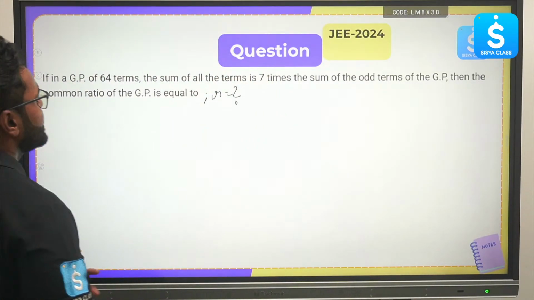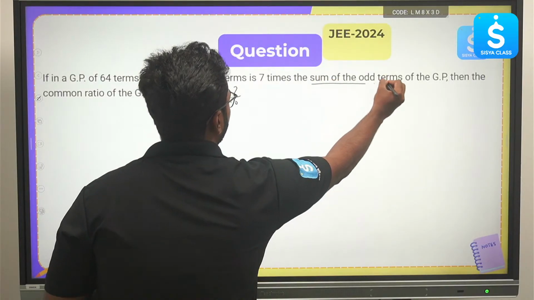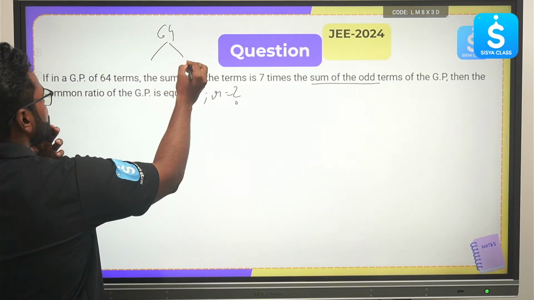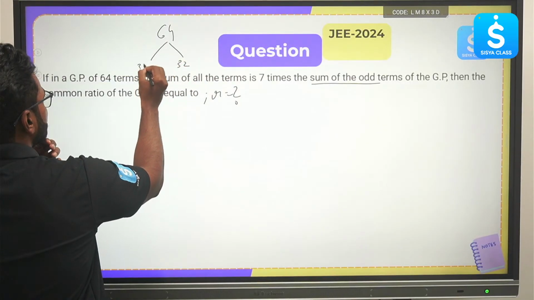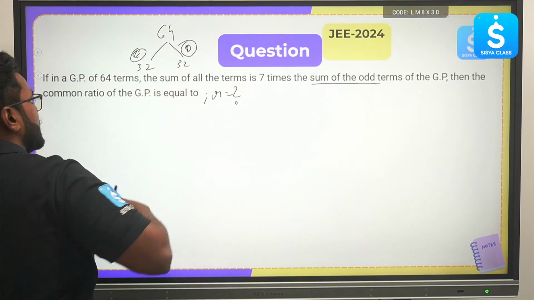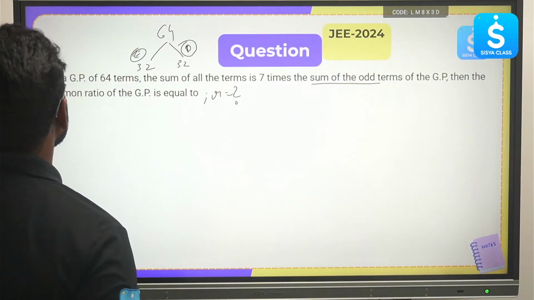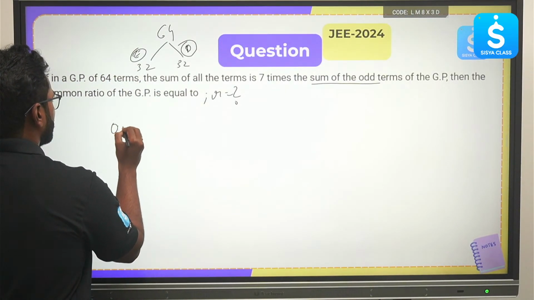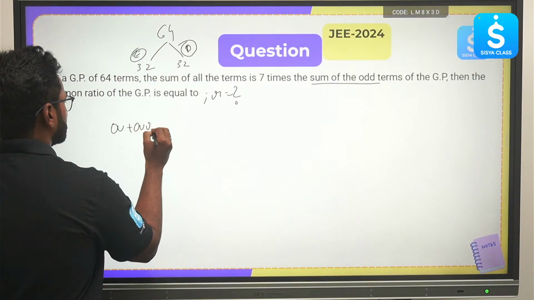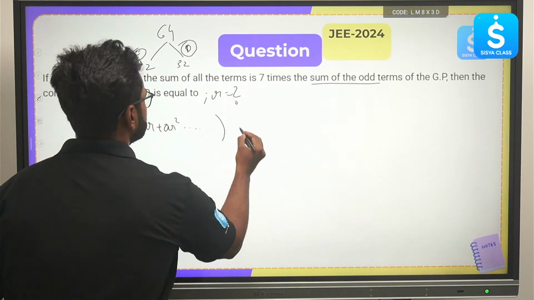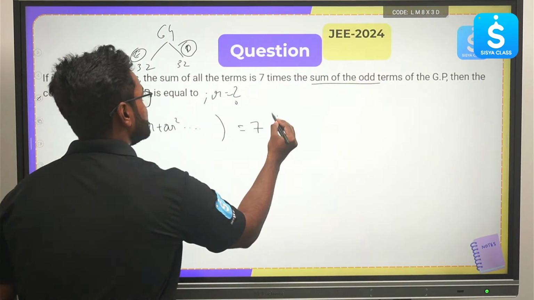What can you understand? Sum of odd terms. If there are 64 terms, half of them would be odd and half of them would be even, right? Let us try putting the equation first. A plus AR square and so on is equal to 7 times.